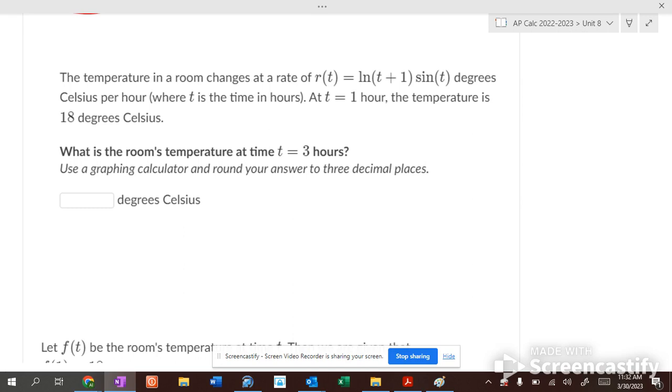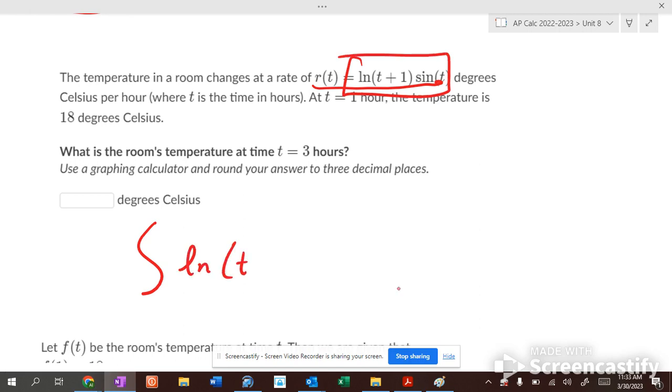Okay, so it is already changing. So this is the derivative of what we want. So if that's the derivative of what we want, we need to integrate. So we integrate whatever equation is there, ln of t plus 1 times the sine of t, dt. Okay?